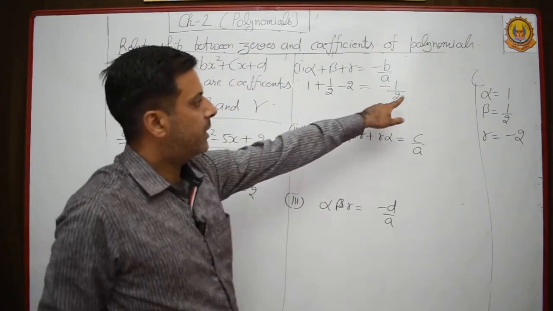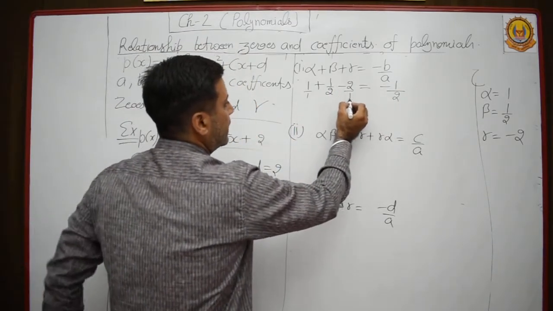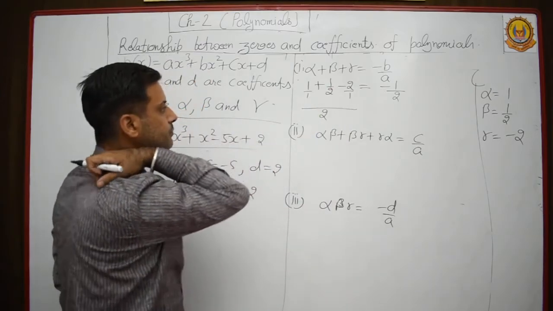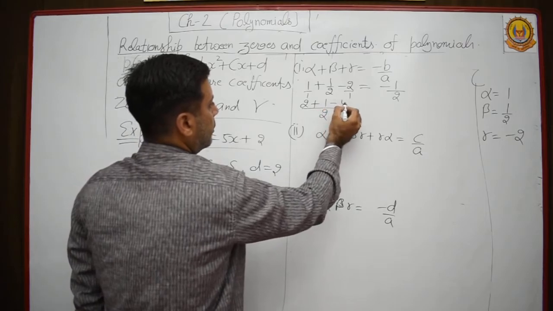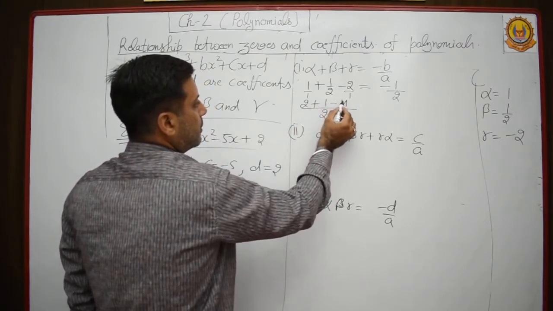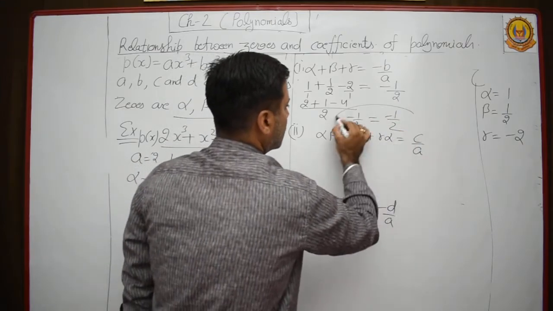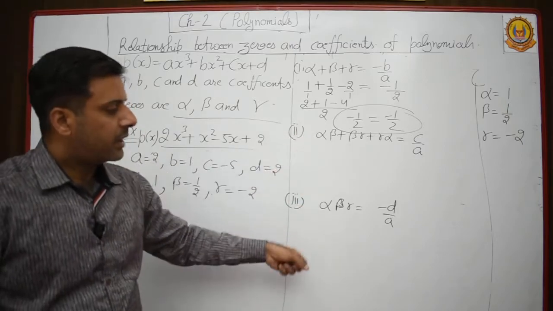So on the right hand side there is minus 1 by 2, and I am simplifying the left hand side by taking the LCM. Here 2 plus 1 minus 4, 3 minus 4, so that is minus 1 by 2. Here also minus 1 by 2. So this is verified.